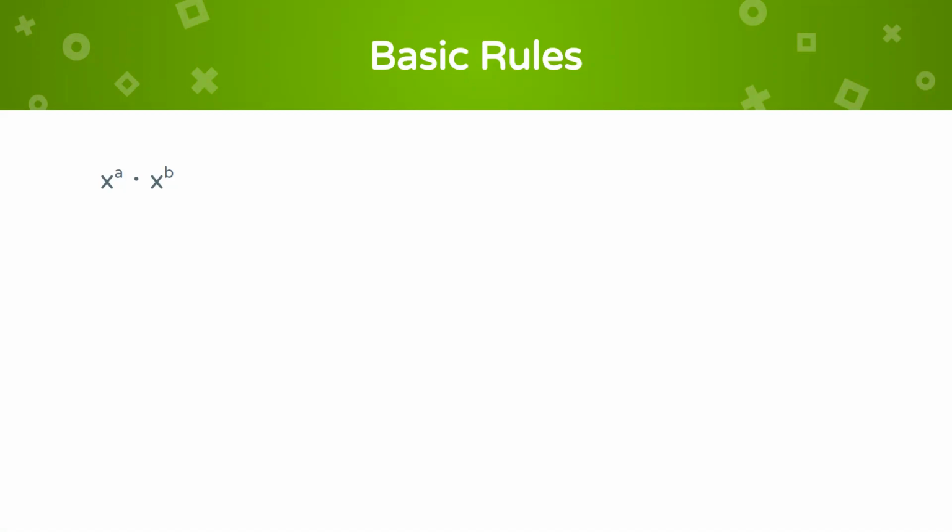The first thing that we can do in order to help us understand this basic rule is to expand out the two expressions. The first expression is x times x times x, a times, and the second expression is x times x times x, b times. It doesn't matter what the actual value of these variables is, we're just using them as an example.